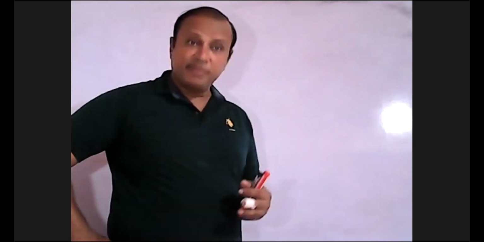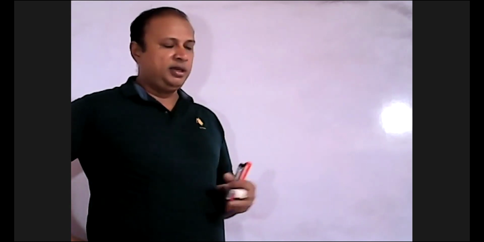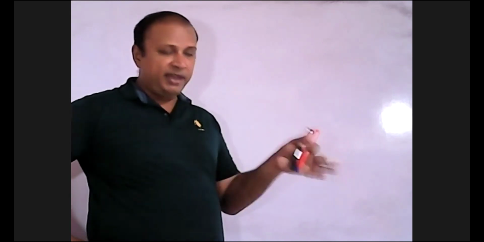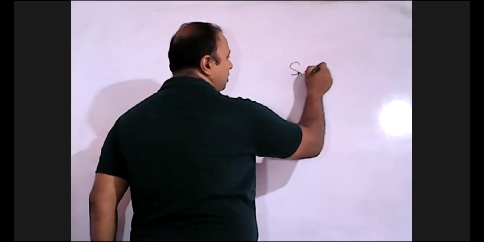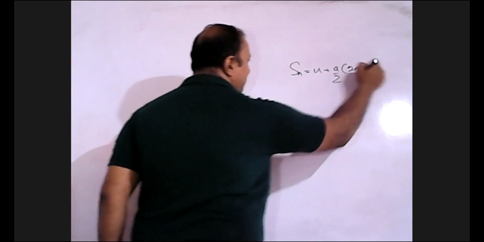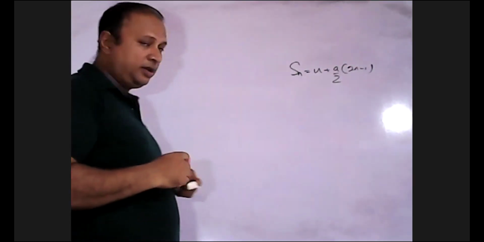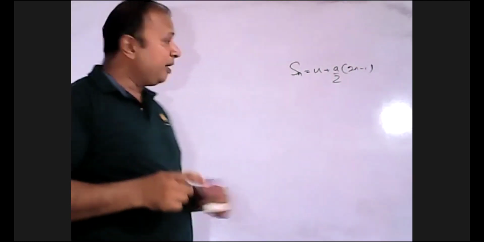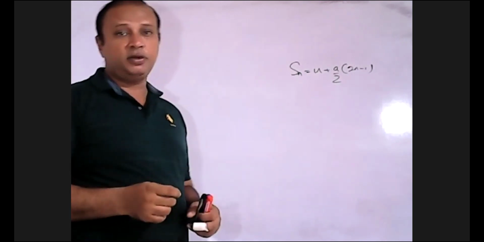Altogether, there are 5 equations, but among those 5 equations, the initial 4 are the standard equations, and the final equation, that means Sn equals u plus a over 2 times 2n minus 1, is not a standard equation, but still you can use this equation in MCQ questions.